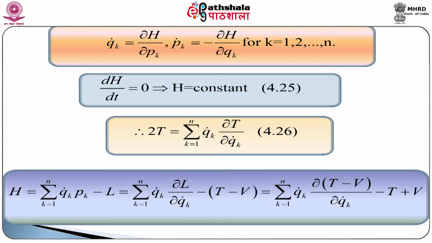Moreover, for a scleronomous system, we know that kinetic energy T is a homogeneous quadratic function of generalized velocities. Therefore, if we use Euler's theorem for homogeneous function, then we get 2T equal to summation k equal to 1 to n qk dot del T del qk dot.